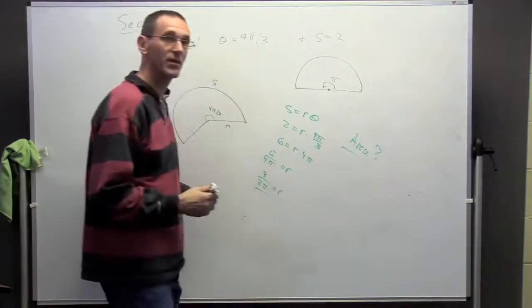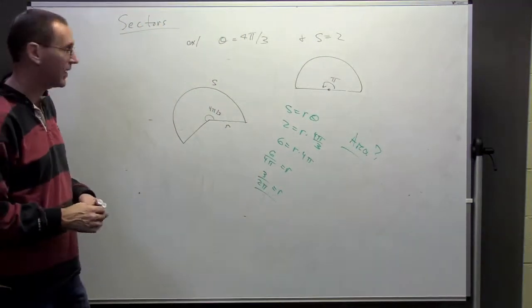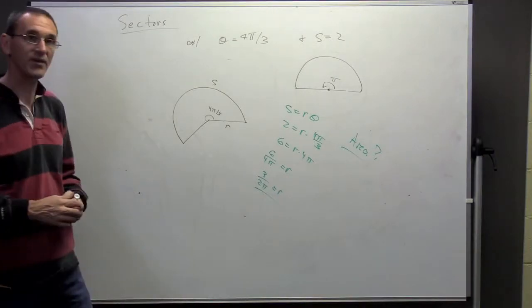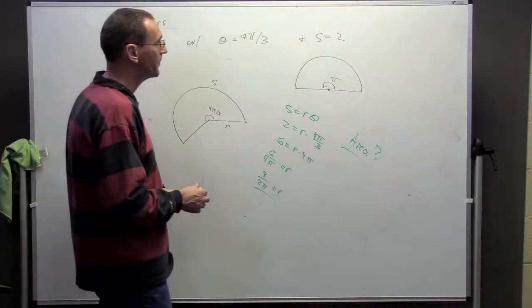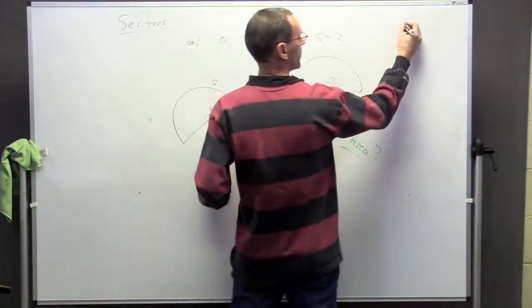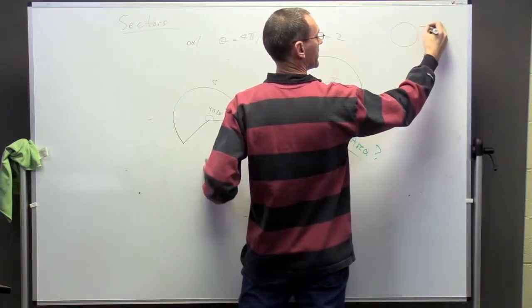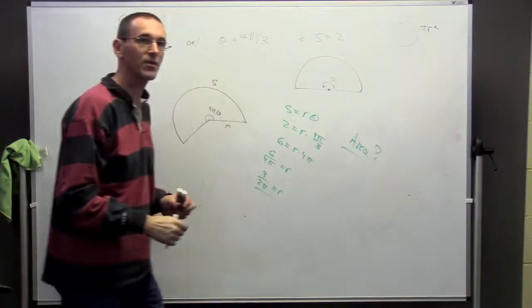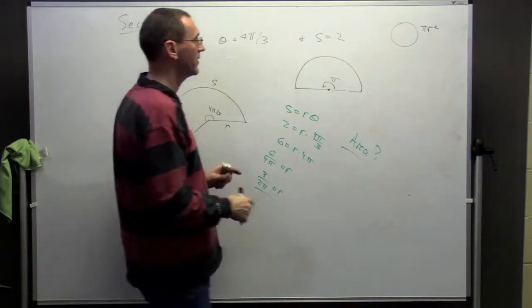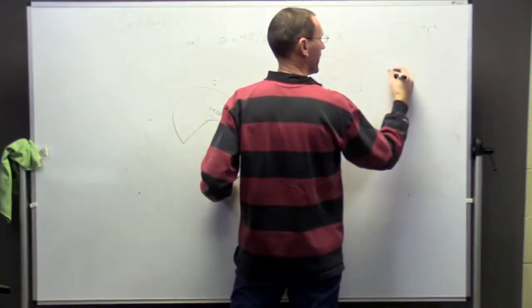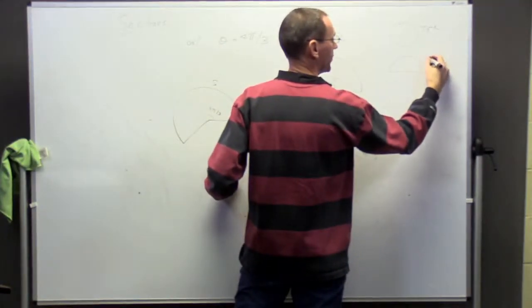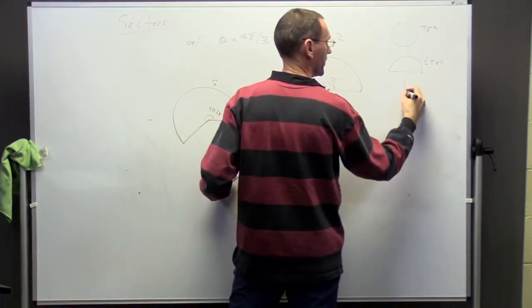So the next question is, what's the area of this thing? I want to figure out the area of a sector. Well, I know the area of a circle is pi r squared. The area of half a circle is going to be 1/2 pi r squared.